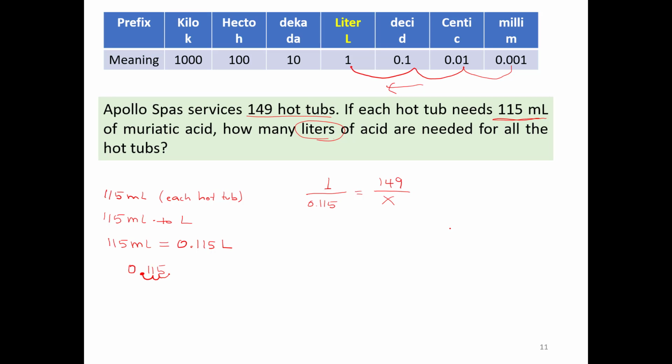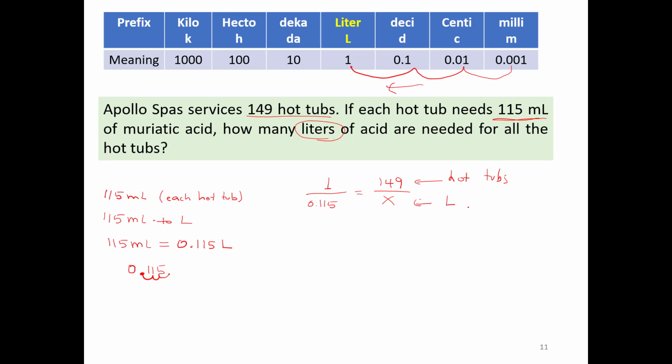Yes, we need for 149 hot tubs. And you have to be careful. If you have hot tubs on top, then here is the liters.